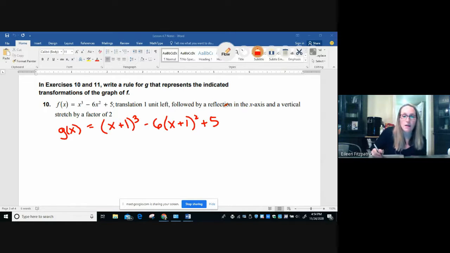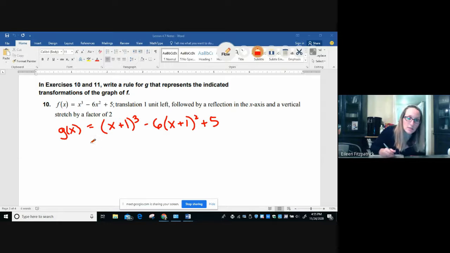Followed by a reflection in the x-axis and a vertical stretch by a factor of 2. All right, so a reflection in the x-axis means the negative should go out in front, and a vertical stretch by a factor of 2 means the 2 should go out in front. So I can do it out in front of the entire function, or out in front of this parenthesis and that parenthesis, but then you also have to multiply that by -2 as well.